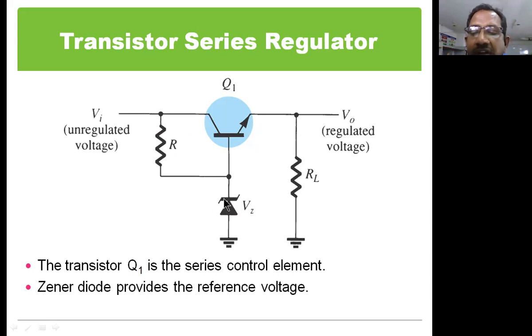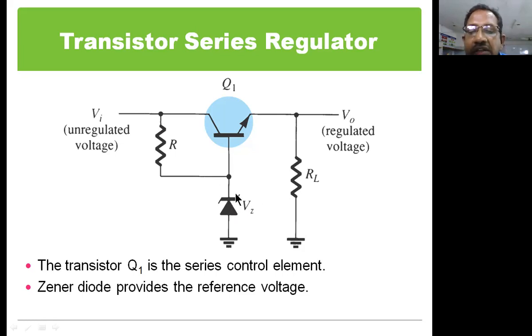Coming to the Zener diode, it is a non-conventional diode. In a conventional diode, this bar is negative and this arrow is positive. In the non-conventional diode, we write the polarities as the reverse of the conventional diode.